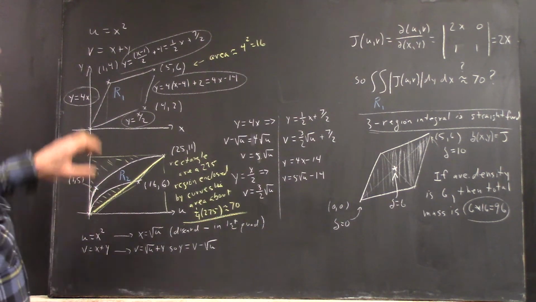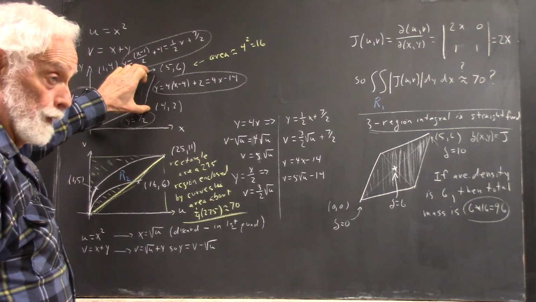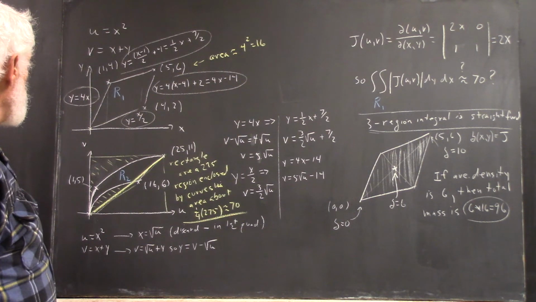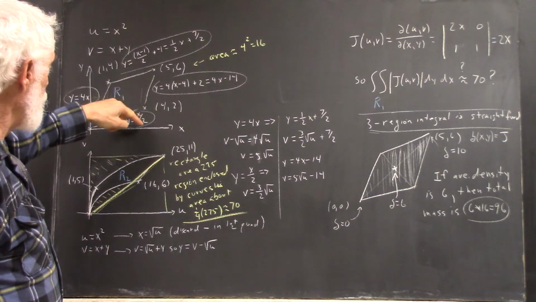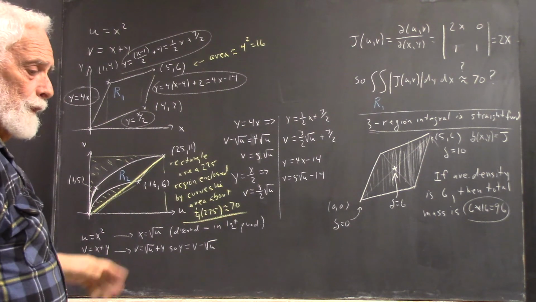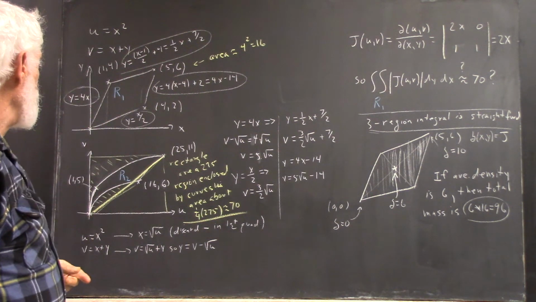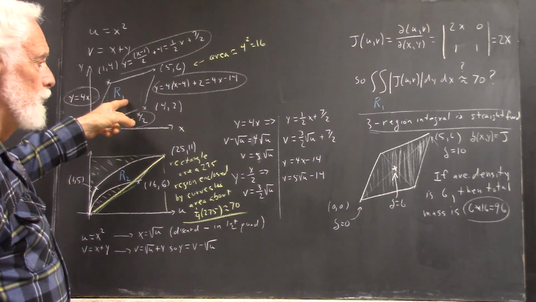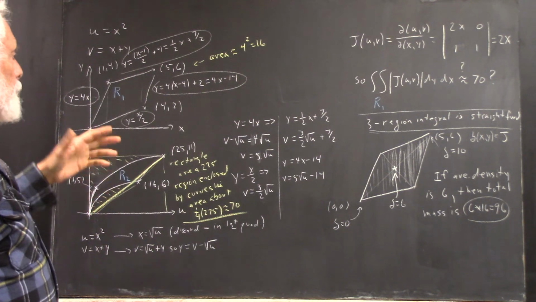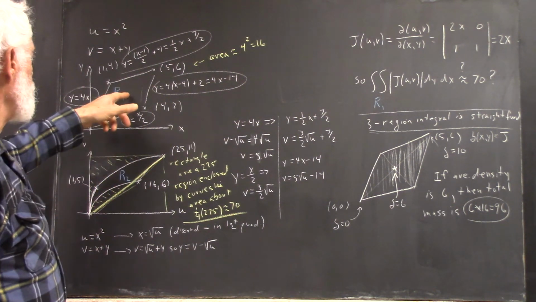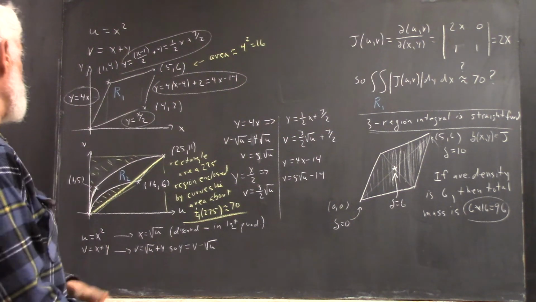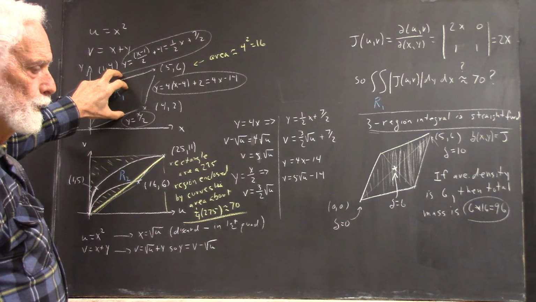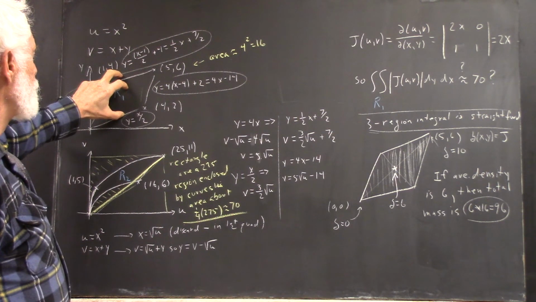If you approximate the region from here to here by a rectangle of width 3 and altitude 4, it's got an area of 12, and the average value of the Jacobian, which changes linearly, is going to be 2 times 3, so it is going to be 6, and you're going to have an integral of pretty close to 6 times 12.